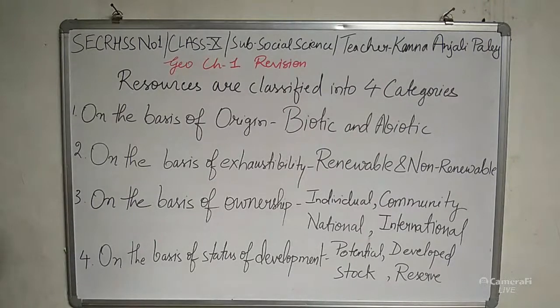Developed means the resources whose quantity and quality is known and we have technology to use those resources. And the resources we are using presently are termed as developed resources.